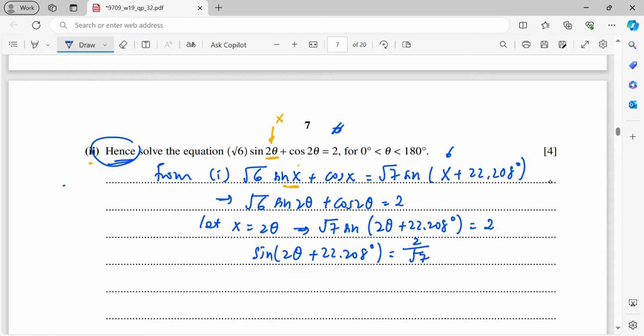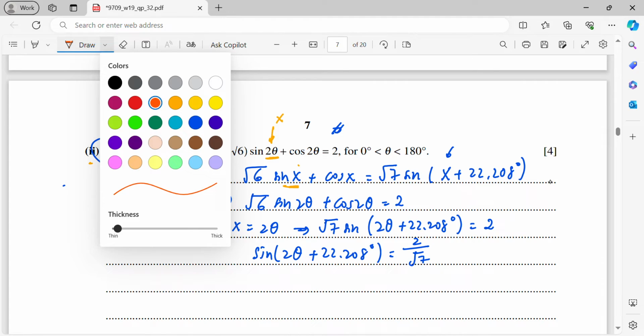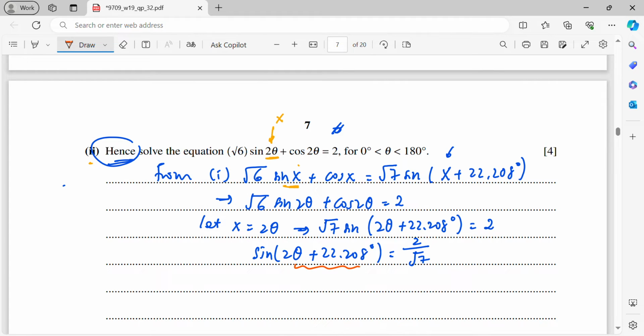Then from here, the 2 over square root 7 is basically, okay, I do not need to calculate this value first. Later, I just count directly. Okay, now what to do here is, you see, sine is positive. And now I'm solving 2 theta plus 22.208 degrees. And now you are given this interval, between 0 and 180 degrees, which means to be safe, get the new interval for this new theta. So I will write given theta between 0 and 180 degrees.